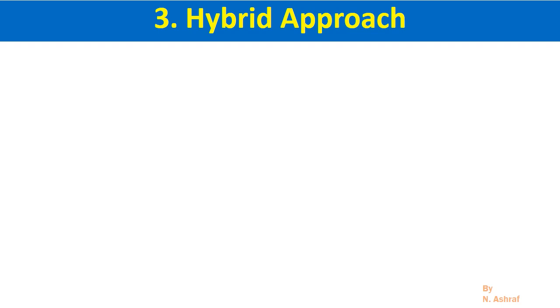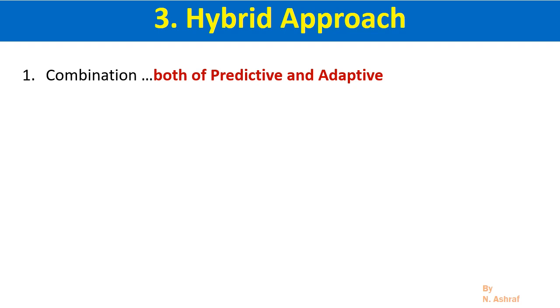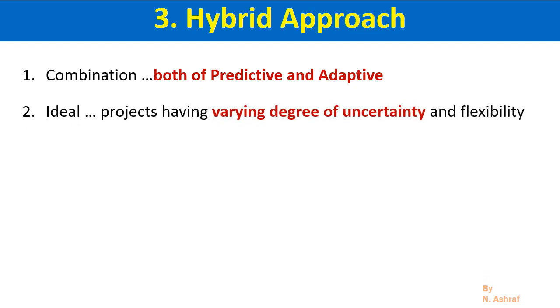The third category is hybrid approach. As its name makes clear, it is a combination of both predictive as well as adaptive approach. Basically, the projects having varying degree of uncertainty and flexibility, this project approach is used.